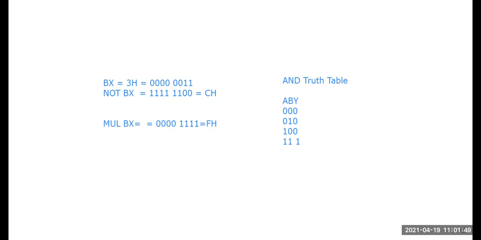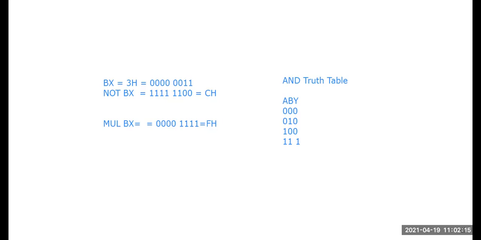Similarly, there is another, x bar y or x not y. That means the first one has to be inverted. In a similar way, we are doing the same thing, but one thing is wrong here, that there should be ax. It's not bx. It was not corrected.